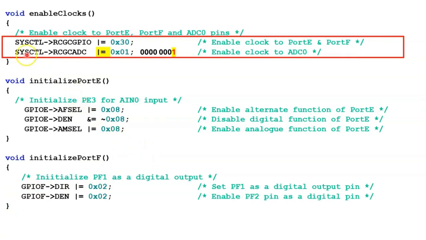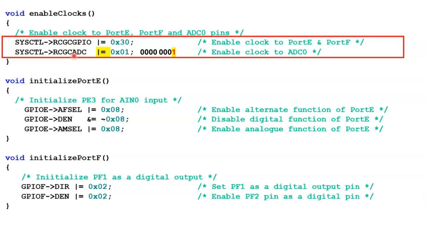Right, next we come to this statement here. This is the run mode clock gating control register for the ADC modules. As with the previous register, each bit in this register corresponds to an ADC module.